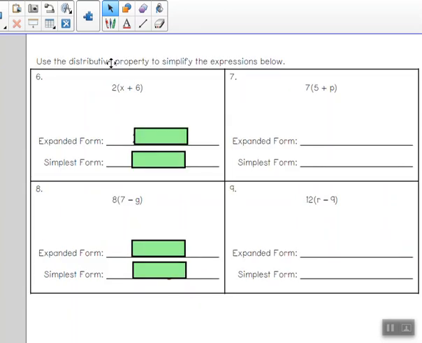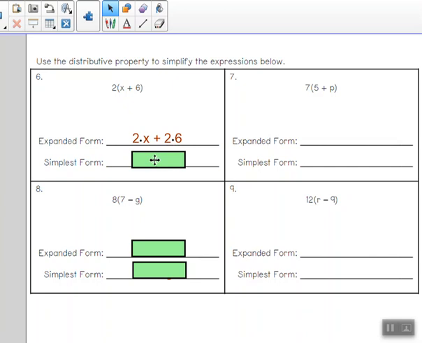All right, number 6 and 7 and 8 and 9, use the distributive property to simplify the expressions below. Well, again, I can't really solve my parentheses because I don't know the value of x, but I can distribute. I can do 2 times x plus 2 times 6. So I would say that's the expanded form, 2 times x plus 2 times 6. Now, simplest form would be me solving and taking that further.